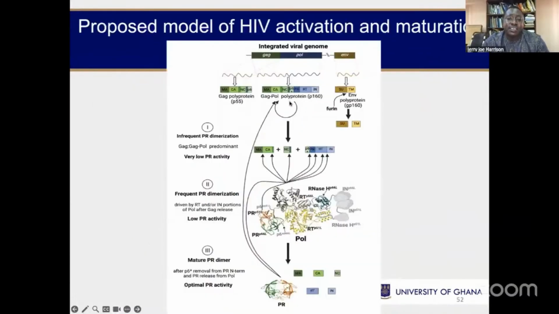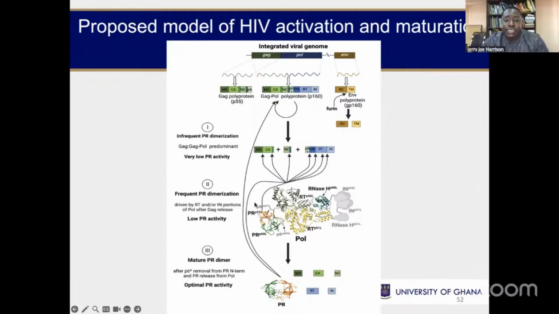We believe that the RT dimerization could help with the protease dimerization because the RT dimer is very, very stable. And then while the protease is in there, it's able to go back and cleave the various polyproteins into their mature form, until the protease itself is able to cleave itself out, and then the process continues.